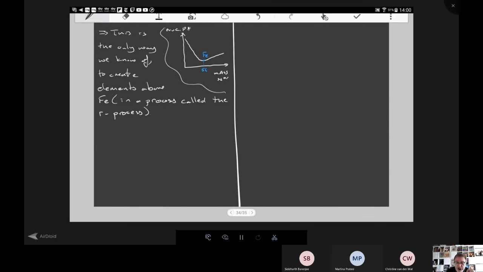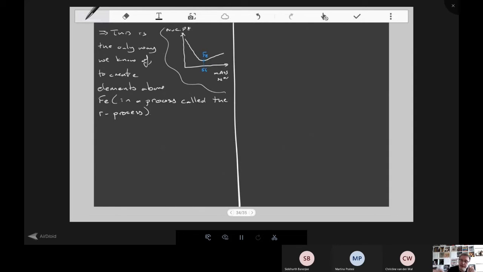I didn't want to suggest that the S process is something completely different. It's not. R process and S process both occur as a supernova happens. And that's why supernovae are incredibly important, because they're the main way that the universe enriches itself with the periodic table, of which our kind of life to some extent depends on.